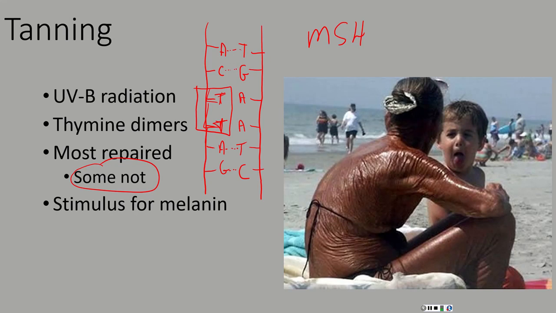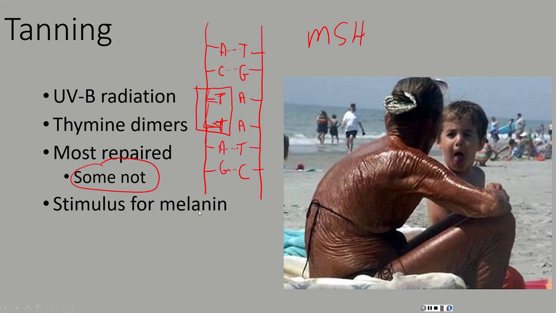When it happens in a keratinocyte, the keratinocytes release melanocyte stimulating hormone. Wonder what that does? It stimulates melanocytes. MSH is the stimulus for melanin. It tells the melanocytes to make melanin.